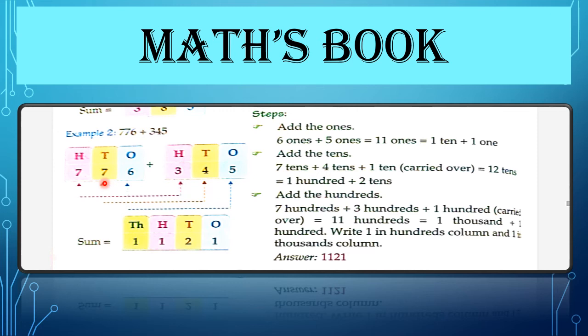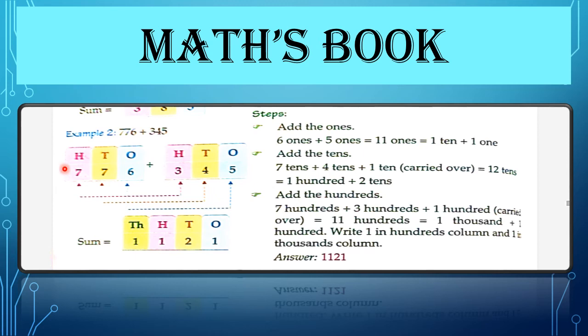So when 7 and 4 are added, this 1 is added together. So 7 tens plus 4 tens plus 1 ten will give you 12 tens, meaning 120. 120 means 100 plus 2 tens. So you leave this here and carry this 100 to the hundreds column.